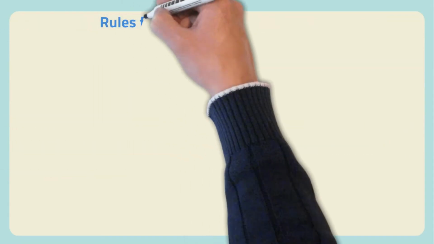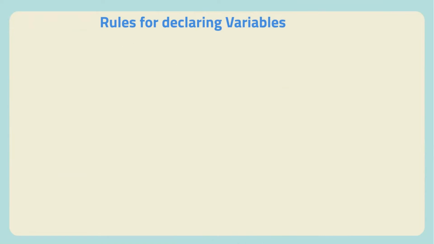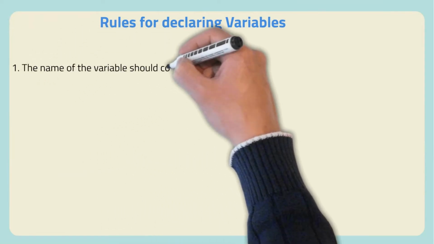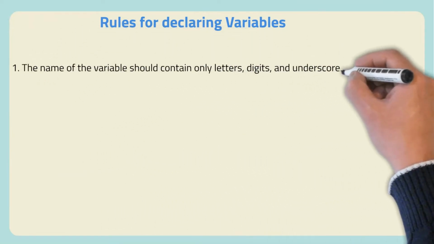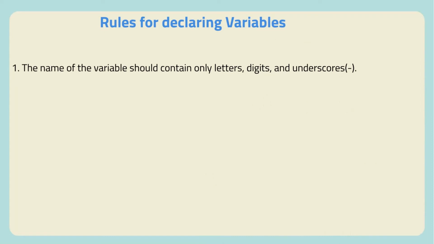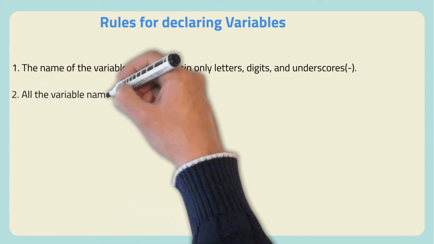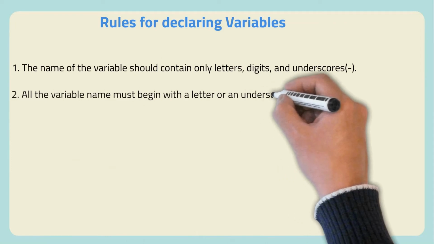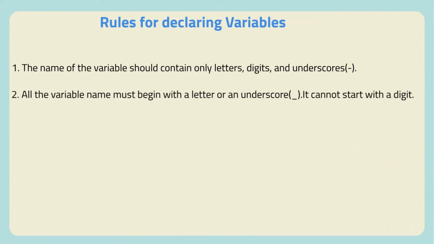There are certain rules for declaring a variable. 1. The variable name should contain only letters, digits, and underscores. 2. The variable name must begin with a letter or an underscore. It cannot start with a digit. 3.